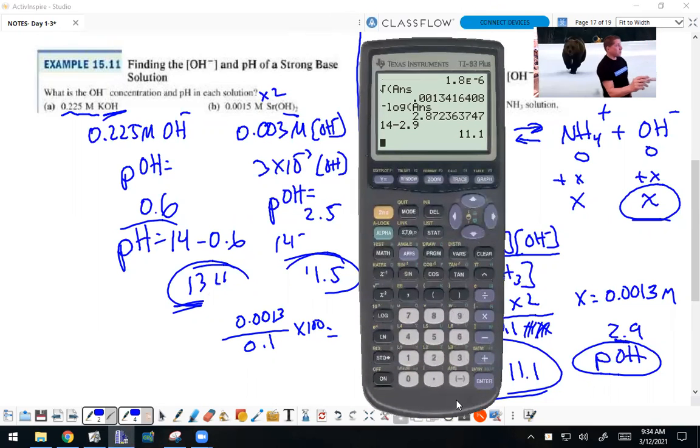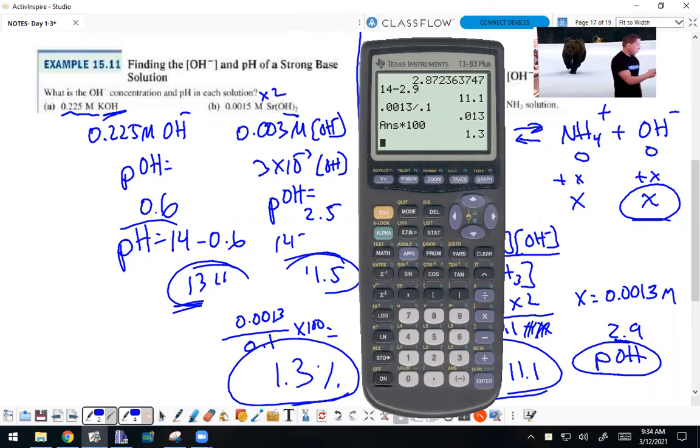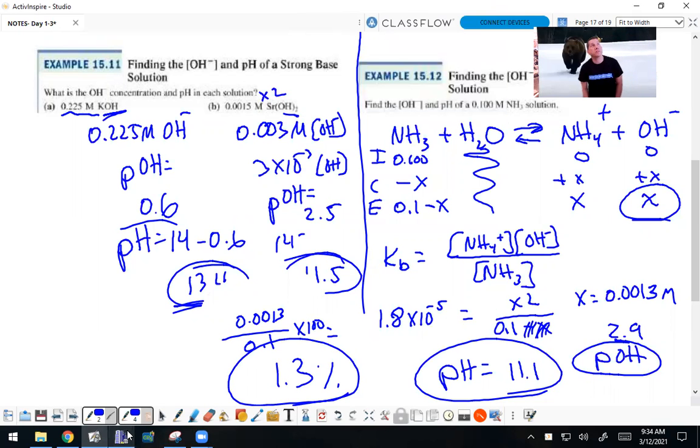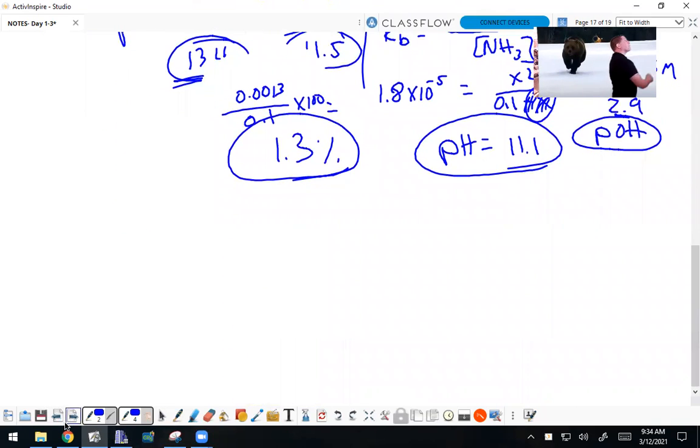I did enough of these, I'm getting bored, so hopefully you are. Hopefully you got it all figured out. If not, come and do a Zoom with me. I can help you, I promise. 1.3%. So 1.3% ionized. Yep, that means our minus x is okay. It is valid because it's not going to change the pH if we did the quadratic equation.